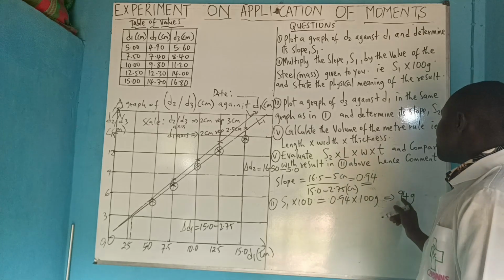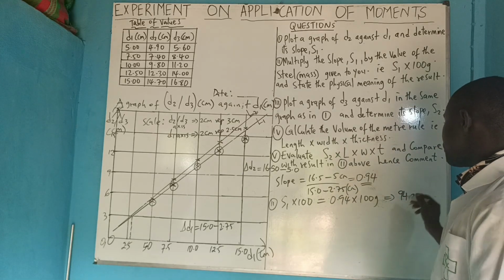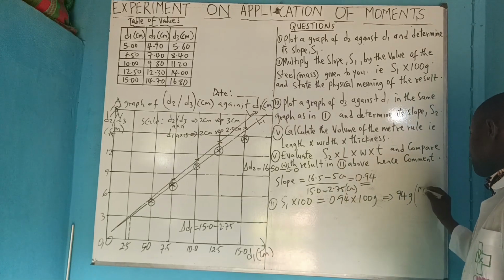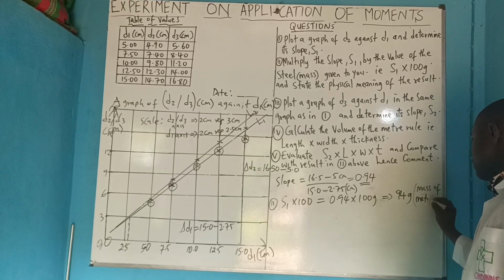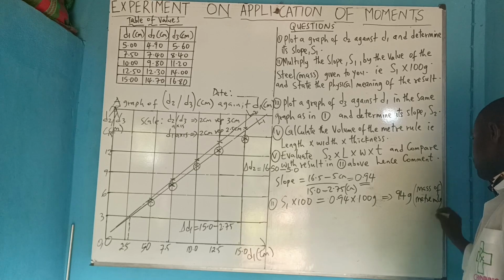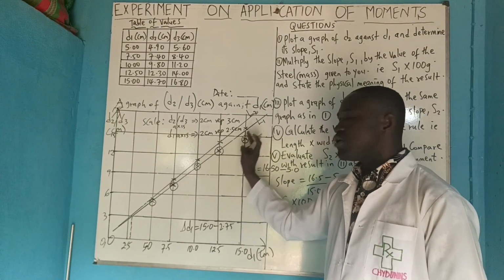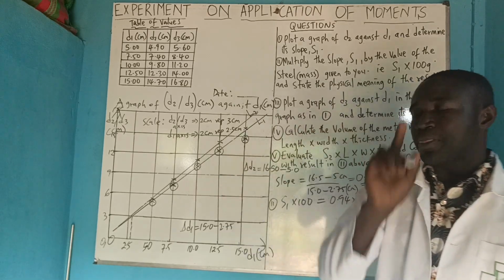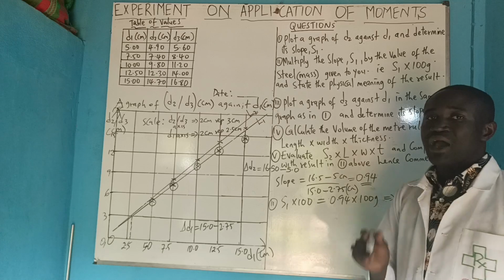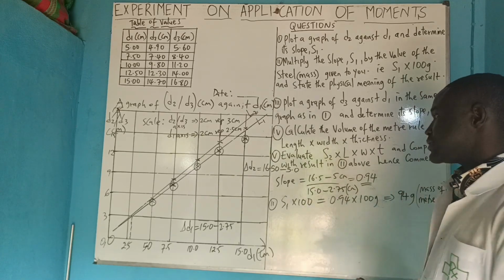We've been able to get the mass of the meter rule. So please try to do this plotting well, deduce your values very well, get your slope very well, and be able to get your own slope so that we'll see what you get. This is just a sketch of it.